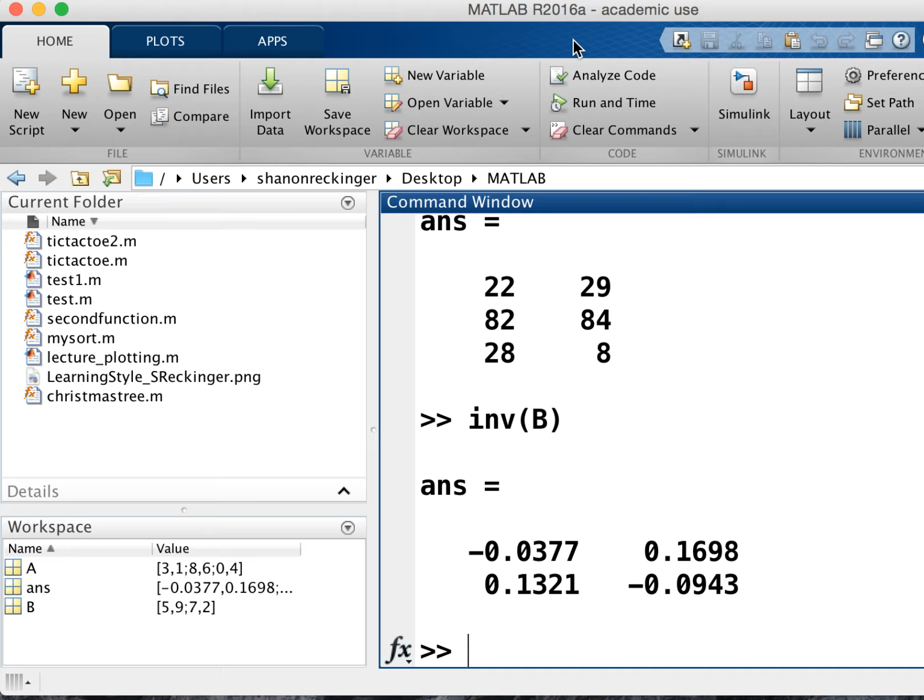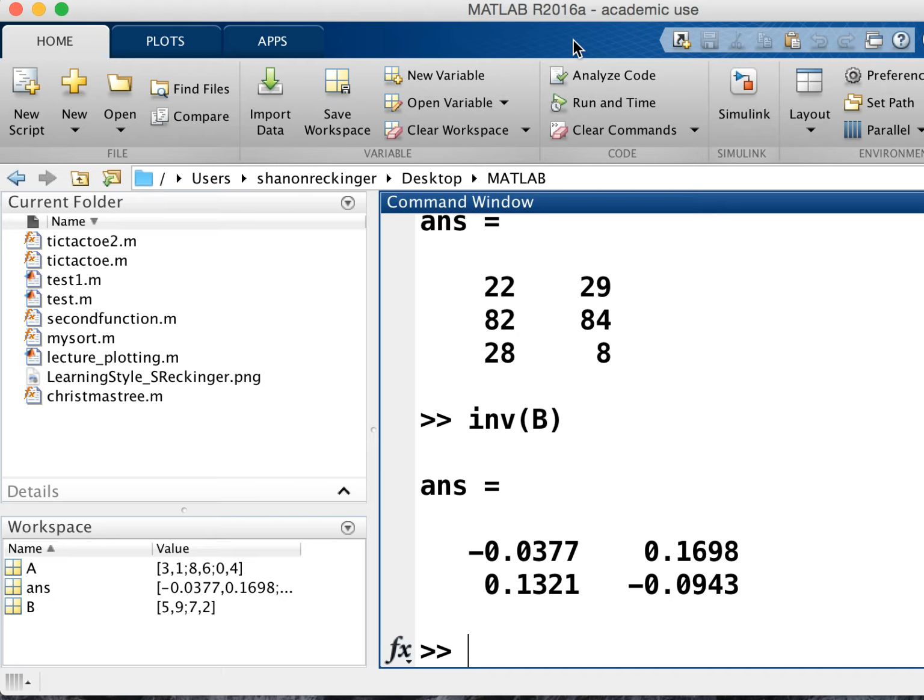That's going to leave you with the identity when you multiply A inverse by A on the left-hand side. And the identity is just like 1 in algebra. It just basically is like multiplying by 1. So you can take it out, and this is how you solve for x, your set of unknowns.